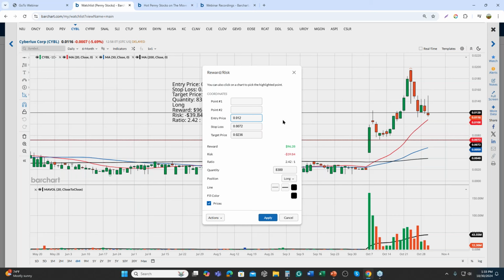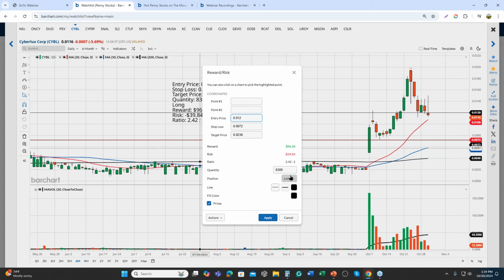We could look at our chart and ask where we anticipate running into resistance, right? Old support, new resistance. Maybe we could use Bollinger Bands, maybe a period of time. There are a lot of different ways we can do it. Let me show you how I found the 0.023 in a second.